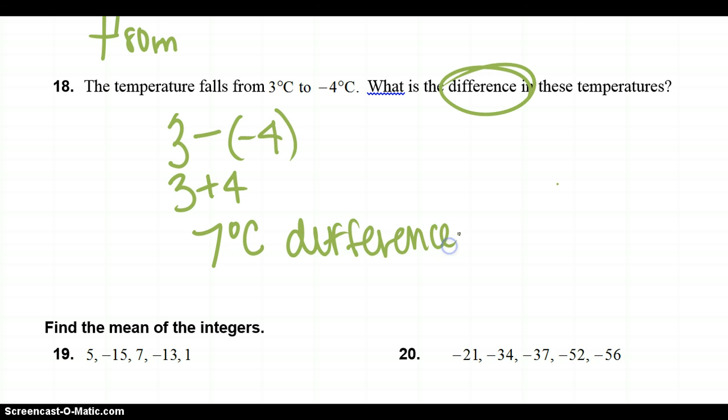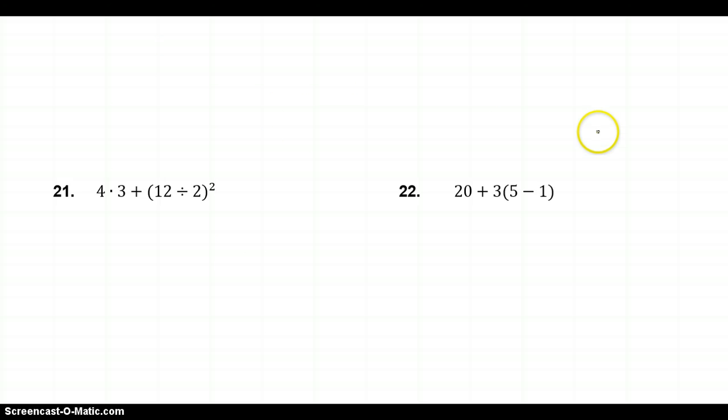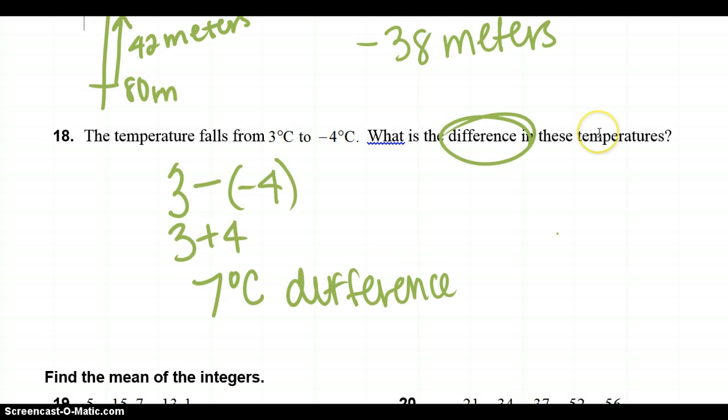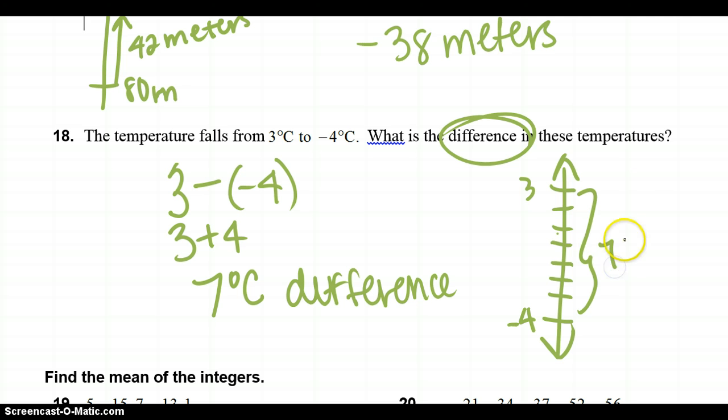You can also draw this using a vertical number line. The difference between negative 4 and 3 would be 3, 2, 1, 0, negative 1, negative 2, negative 3, and negative 4. The distance right here is 7 degrees. So that's another way you could do that problem.